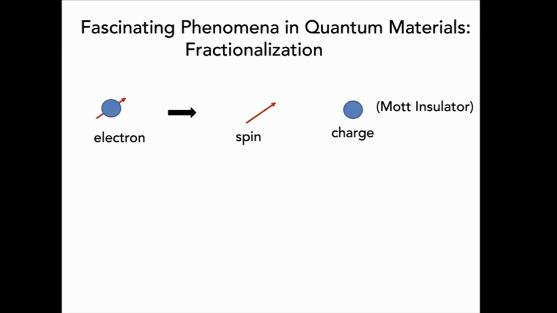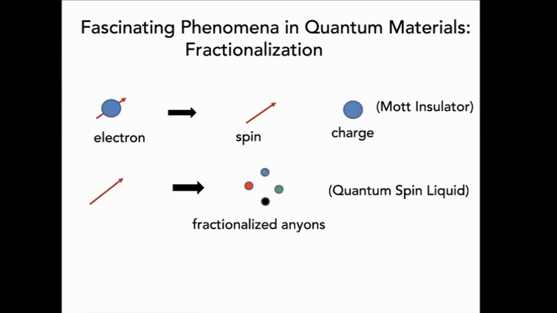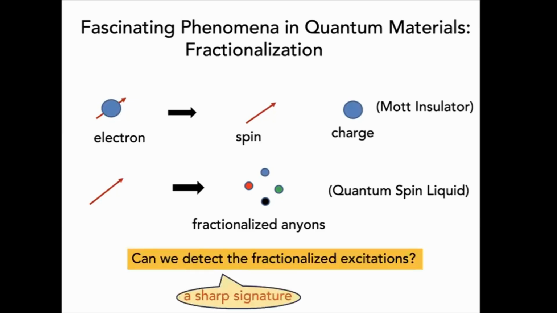We see some of this physics in Mott insulators and also in the quantum Hall effect. But in a spin liquid, the charge and spin get separated, and now even the spin can get further fractionalized into anyons. Because charge and spin have been separated, the response can be more focused in the spin sector. The question before us is, can we detect these fractionalized excitations?